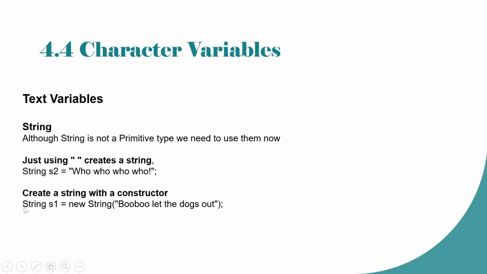The second way to declare it is to use its constructor. We know that string is a class, and therefore as a class it has a constructor. So we can call its constructor and pass the value into the constructor. Now you may say to me, why do I need 2 different ways to declare a string?